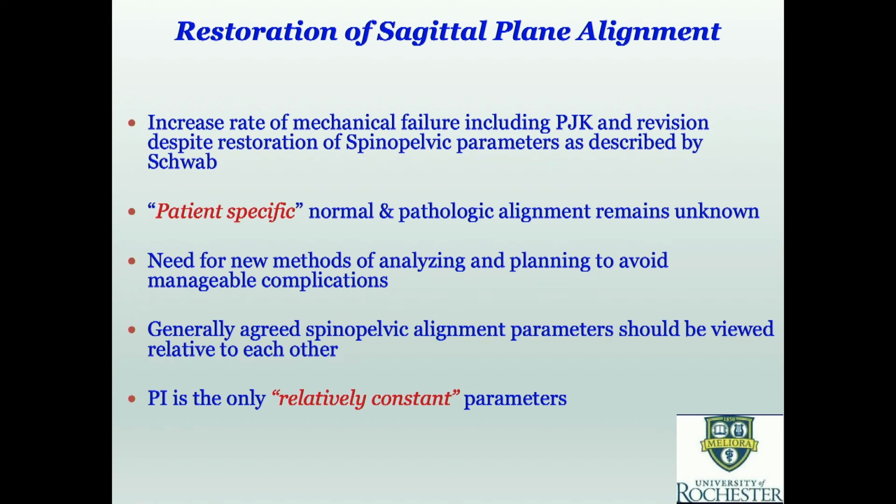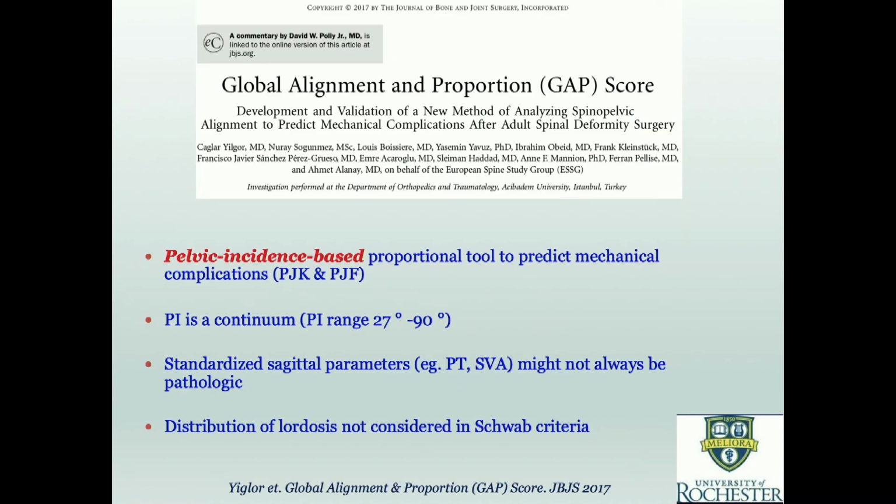And looking at all the different sagittal parameters for balance, we know PI is only a relatively constant parameter. And so using the GAP score, which Sig mentioned earlier, some studies have looked at that to really make this more patient-specific.